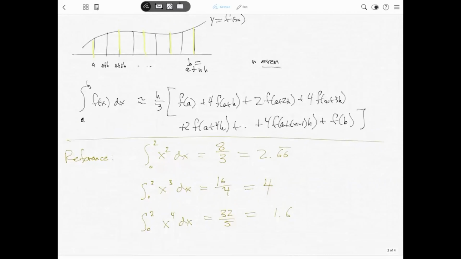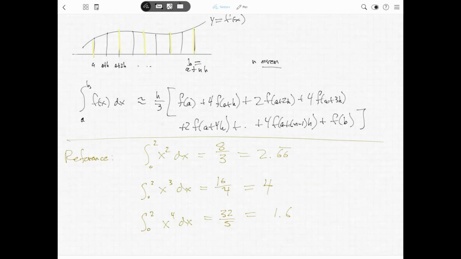I had a little extra space here, so I thought I'd work out the numbers we can use to check our answers. I want to integrate some simple polynomials, just the powers of x. If we integrate x squared from 0 to 2, as we did in the previous video, we get 8/3, which is 2.66 repeating. If we integrate x cubed between 0 and 2, the antiderivative will be x to the 4th over 4.